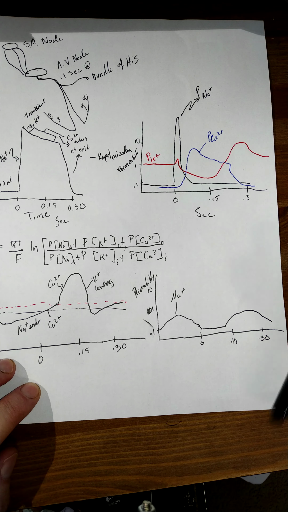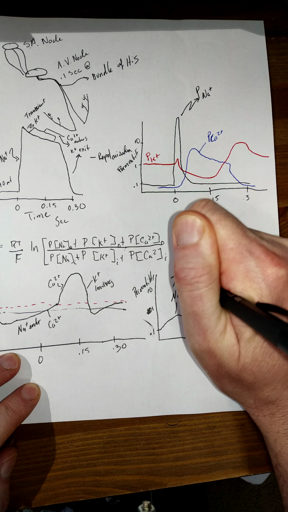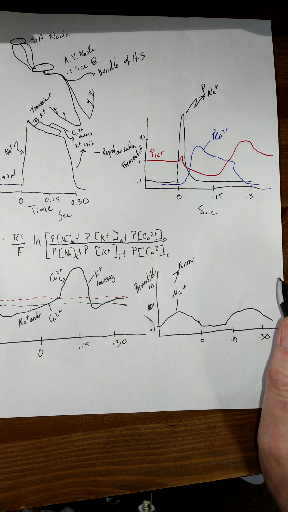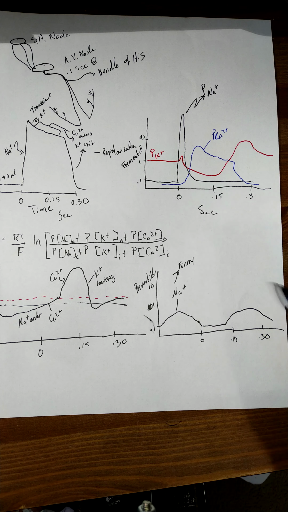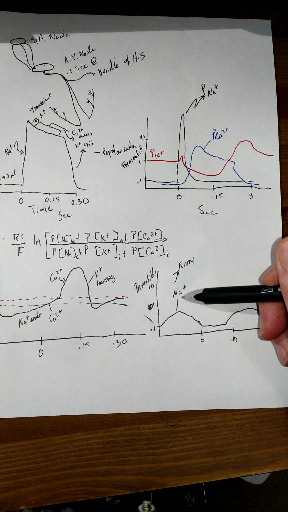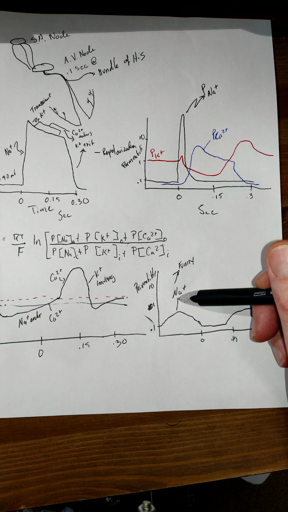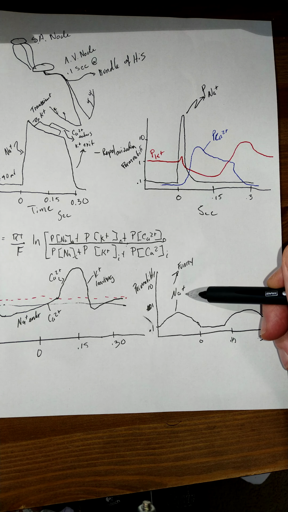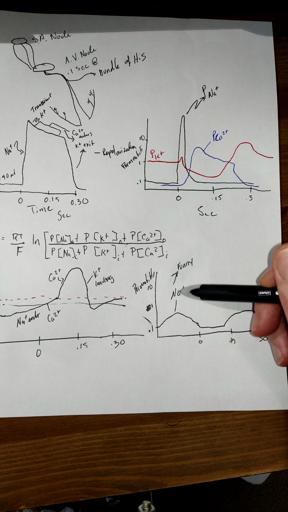And this is happening through a channel called a funny channel. And it's funny because this is a voltage gated channel, but it only opens when the membrane's at negative values. Most of the ion channels that we've talked about previously open at positive values. It's also very non-specific, meaning that other +1 ions can often pass through there.